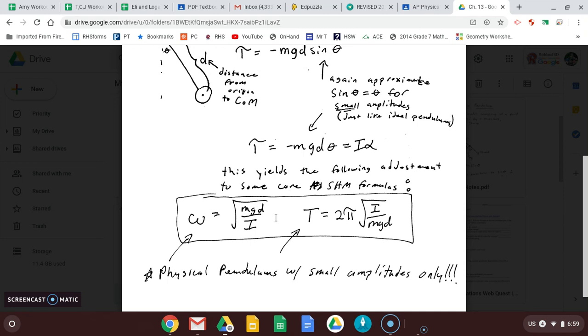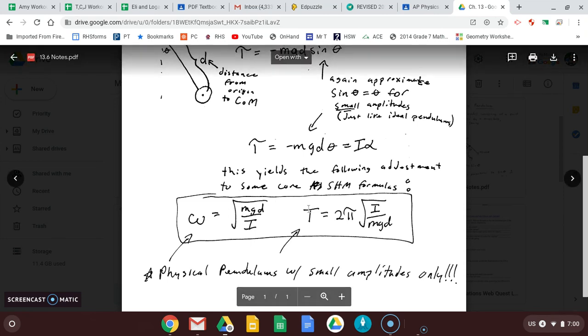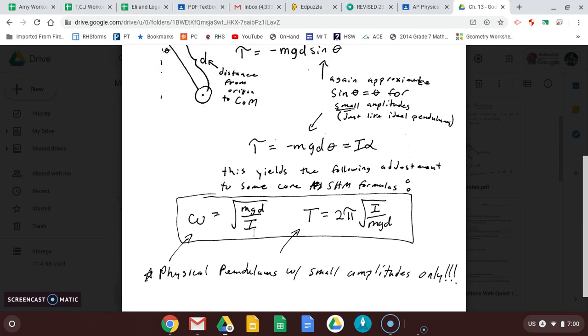Now, all the other formulas for SHM could also be adjusted with these two. And you'll notice that now we have a moment of inertia of the system, I, in there for physical pendulums of small amplitudes. So we'll need to remember some formulas for moment of inertia when doing our problems.